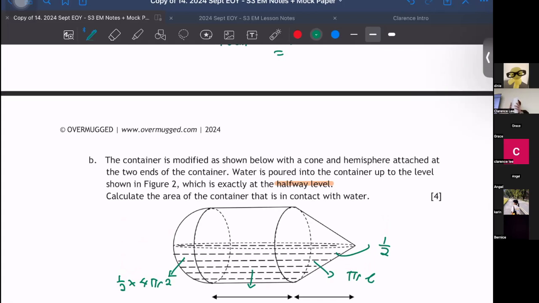You fold back into a cylinder, where was my breadth? The height. Where was my length? Over here. What is this over here called? Circumference of circle. So therefore, to find the curved portion, it will just be circumference of circle, 2 pi r, times my height. Do you understand this portion? If not, in the exam if you forget, just go and roll your exam paper up, it's fine.